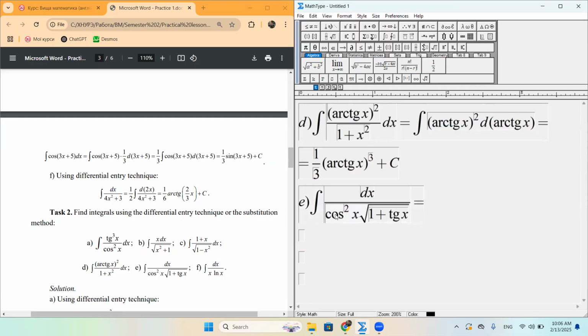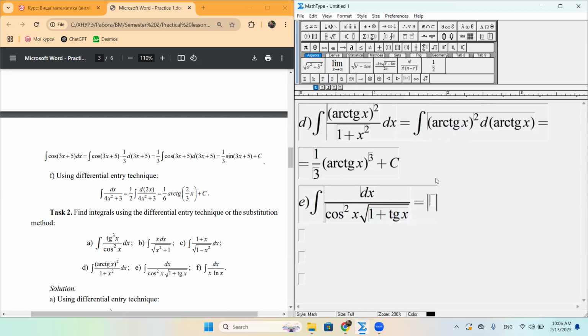So 1 divided by cosine squared of x can be received if we differentiate tangent of x. And if we differentiate such an expression, we will receive it as well, because 1 will be 0 after differentiation.